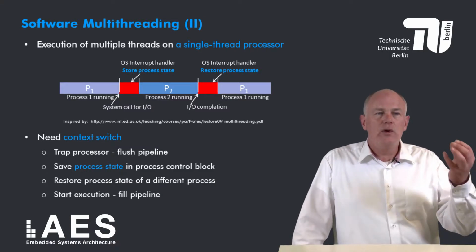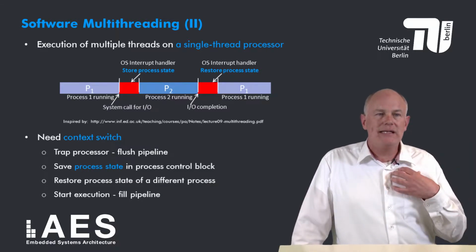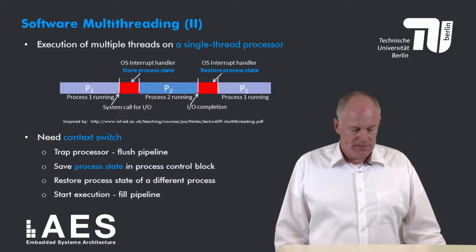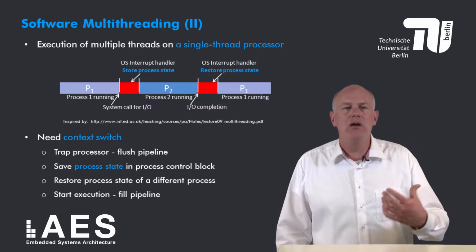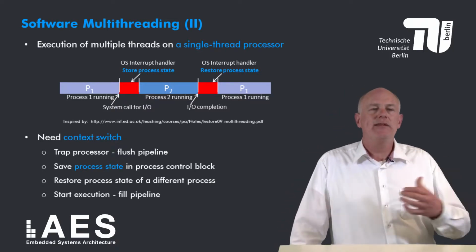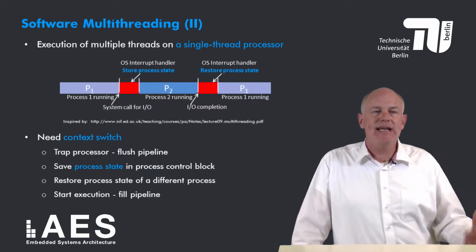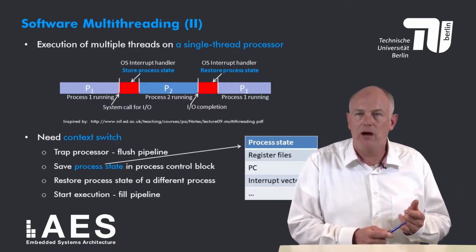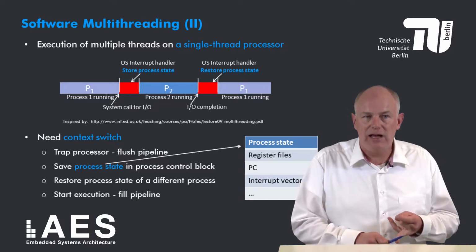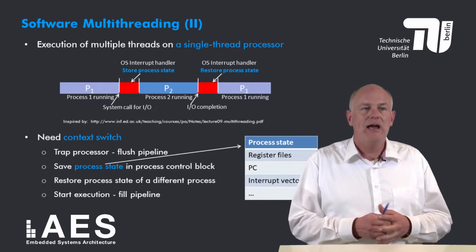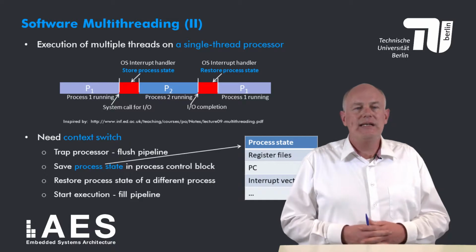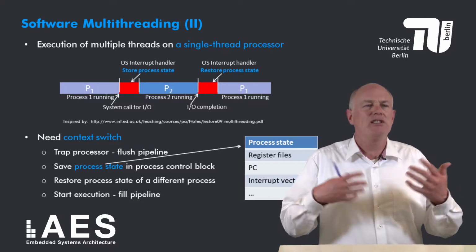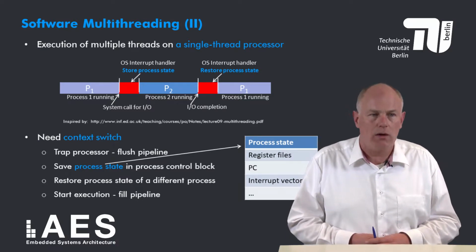The problem with doing this in software in the operating system is that we need a context switch, and this takes an extremely long time because we need to save the entire state of the process, and this includes the current value of the program counter, the current register values, etc., and store this entire process state somewhere in memory, in a data structure typically called the process control block.